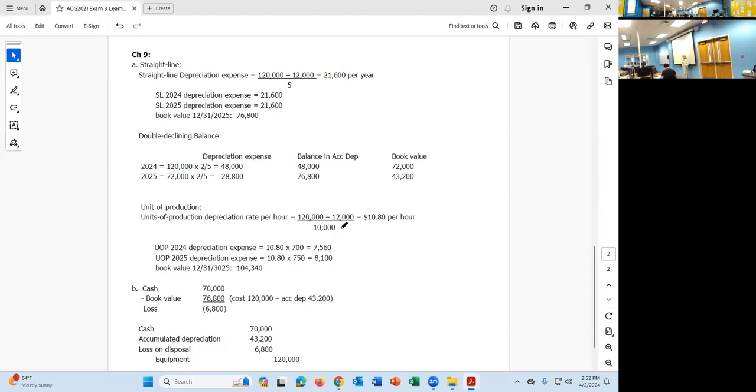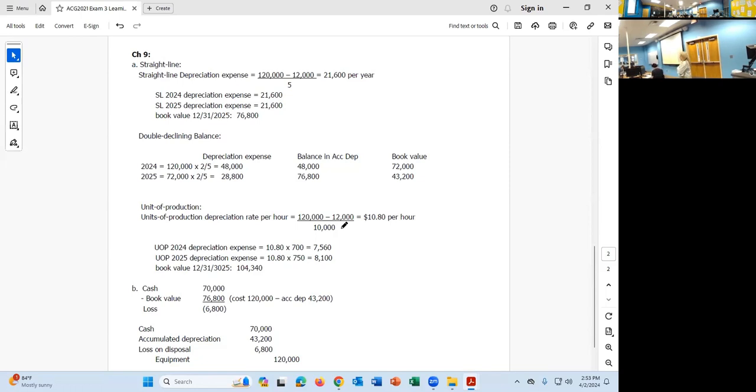So to get depreciation expense, we take that 10.80 times the 700 hours that we used it in 2024. In the second year, 750 hours, 10.80 times 750 will get us to our depreciation expense. So it's the same formula every year, the same rate. We just have to multiply it by a different number of hours.